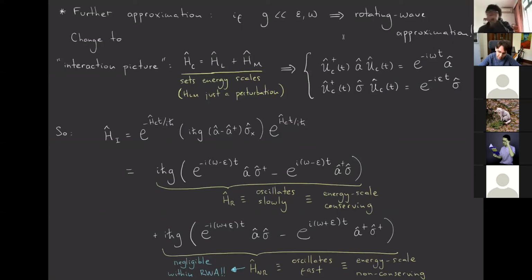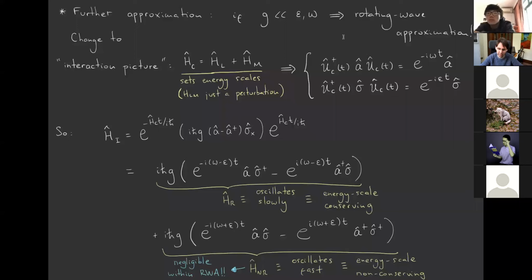On the other hand, the other term, which we call H non-rotating, rotates very fast because it's always rotating at frequencies omega plus epsilon, which cannot be close to 0. And that's way faster than the interaction g, as we have mentioned. Then this automatically means that these terms are negligible within the rotating wave approximation. Then we will neglect them.